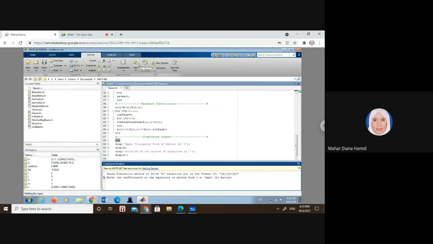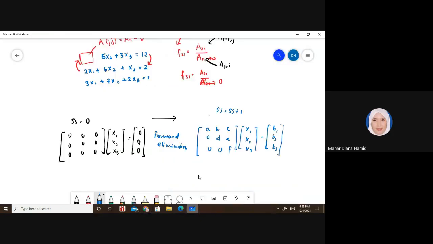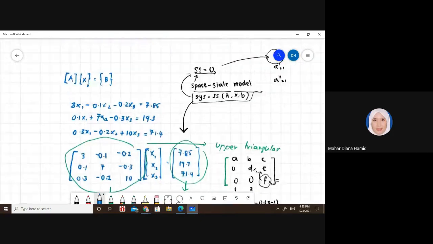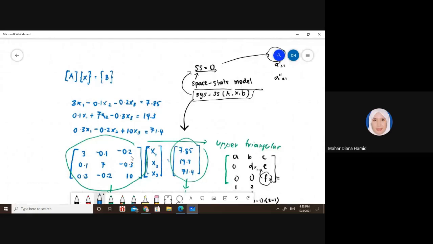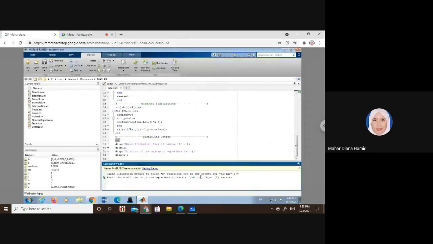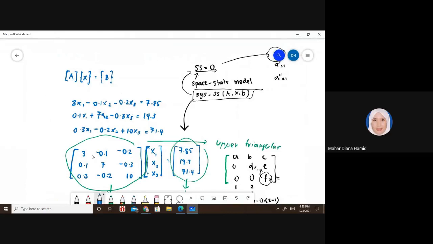So if we try to run it, let's say that we wanted to solve this equation here. So what we need to do is to input the values in the matrix notation. So 3 space negative 0.1 space negative 0.2. This corresponds to this line here.